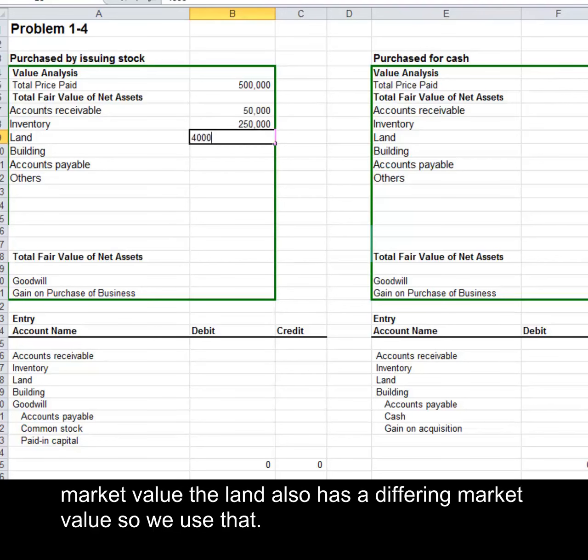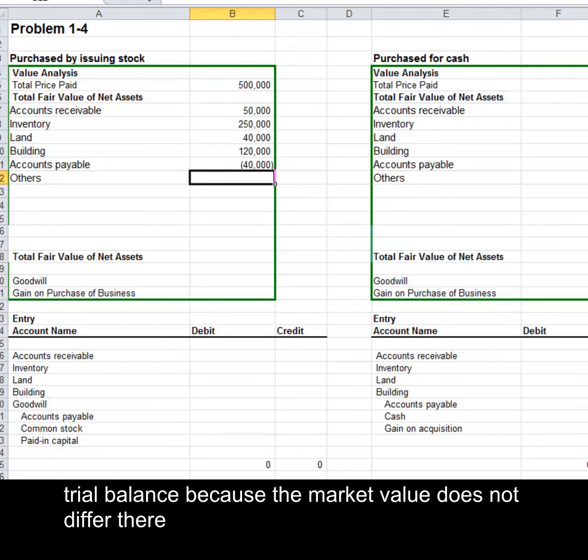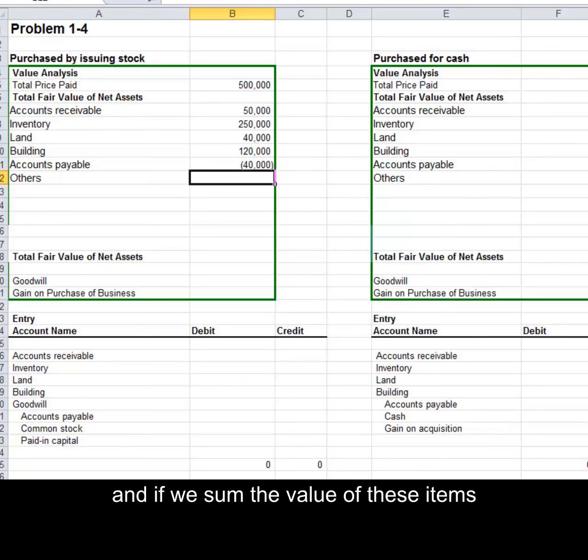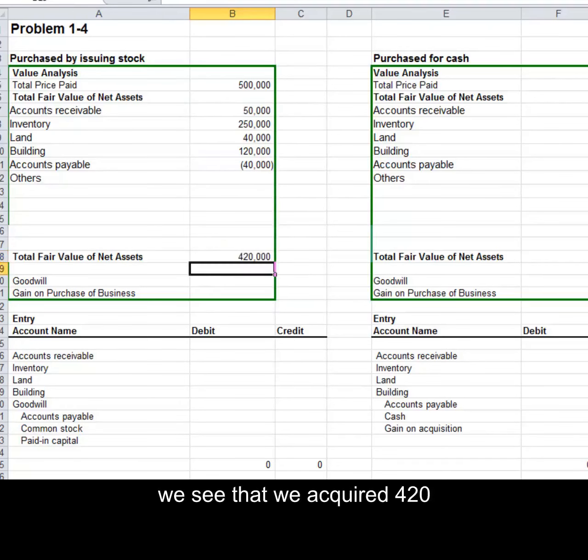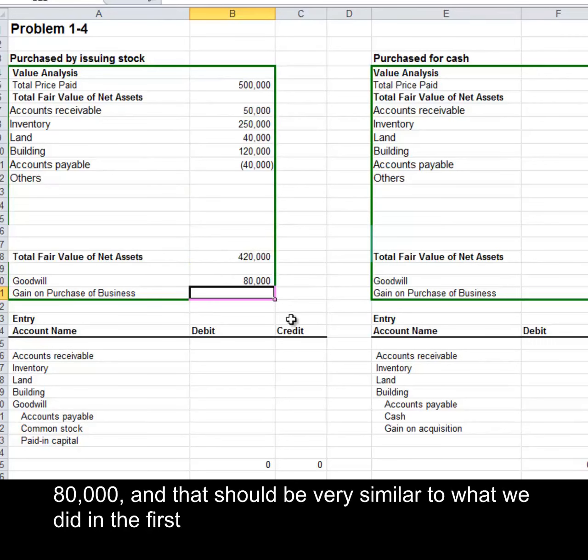The land also has a differing market value, so we use that. The building as well. The accounts payable is taken directly from the trial balance because the market value does not differ there. And if we sum the value of these items, we see that we acquired 420. Paying 500,000 for that 420 implies that there is goodwill associated with the purchase of 80,000.